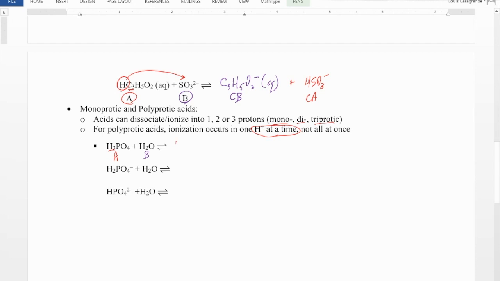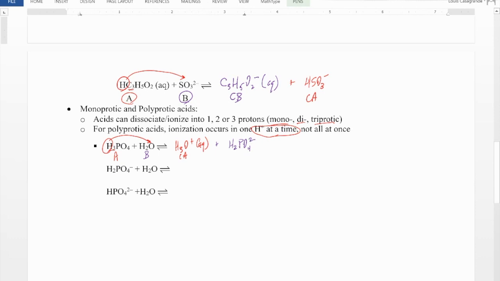So the H3O plus, let's take that one proton and come on over. H3O plus, so we make our conjugate acid. And our conjugate base then is going to be H2PO4 minus.